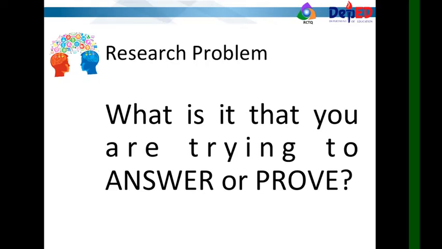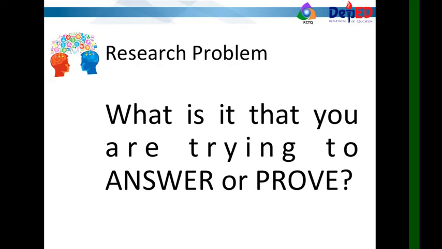Ano ba yung gusto mong sagutin? Okay? Gaya ng sabi ko kanina, an example of title is Relationship of Mathematical Anxiety and Self-Efficacy of Grade 7 Students. So, anong gusto mong i-prove o sagutin doon sa title na yon? So, ang gusto mong ma-determine is the relationship, right? Of math anxiety and self-efficacy of grade 7 students.